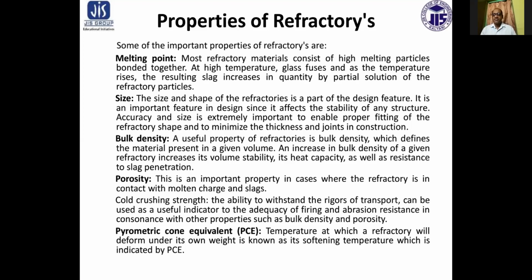Bulk density. A useful property of refractories is bulk density, which defines the material present in a given volume.